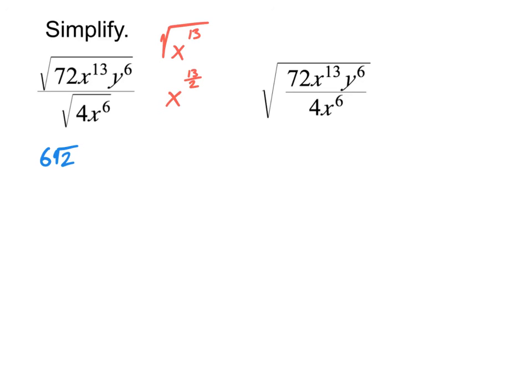All right, I then take my 13 halves and I turn it into a mixed number so I know how many wholes I can pull out of this square root. 2 goes into 13 6 whole times with half left over. Therefore, the square root of x to the 13th would be x to the power of 6 times the square root of x.